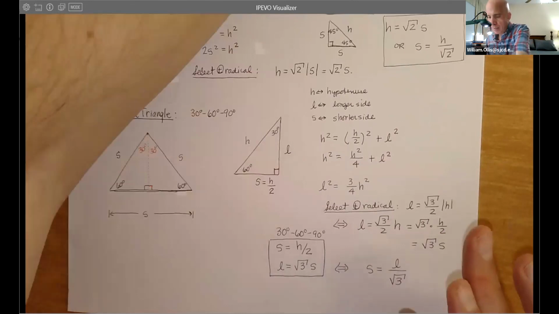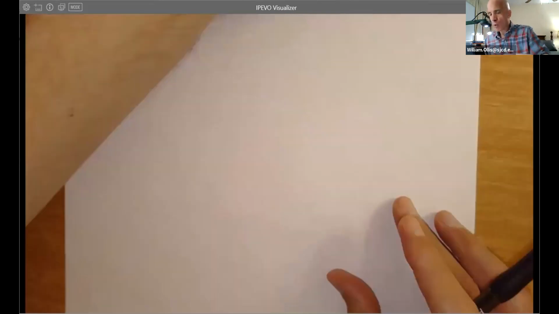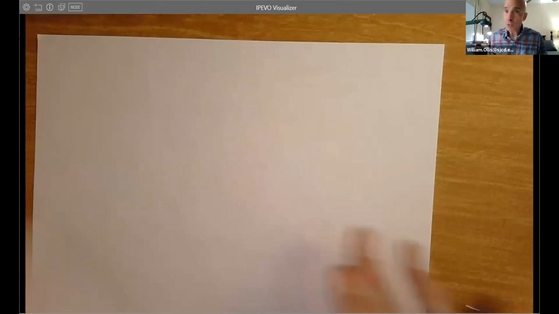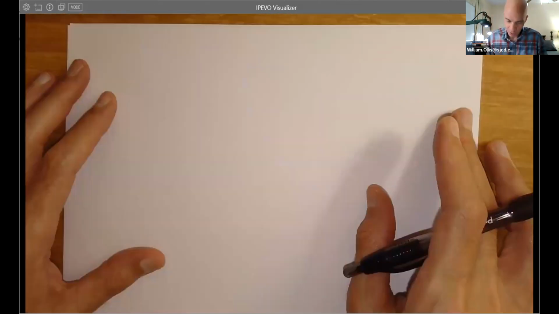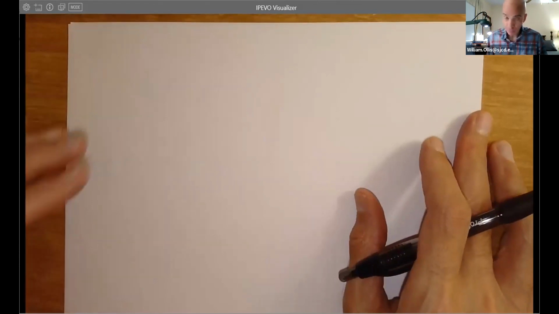So now let's see what we have here. Let's look at some examples. Let's just see how we can work with some special triangles, and then we'll move to less special triangles with angles that aren't very user friendly and see how that works out.